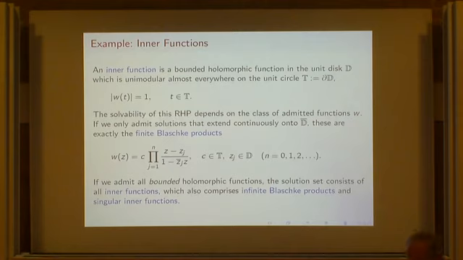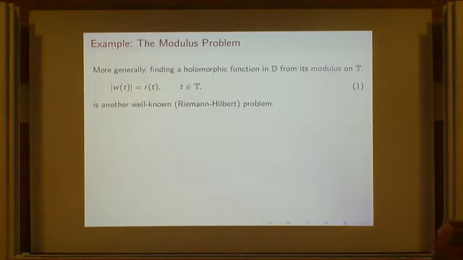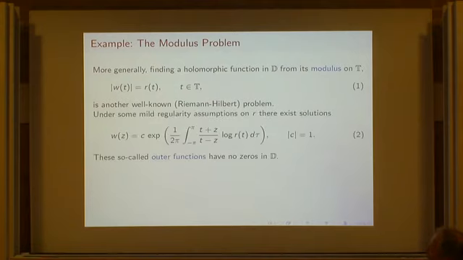If you don't know what a singular inner function is, do not worry about this. This is just a specific class of, say, wild solutions to this boundary value problem. Let's generalize this a bit. We can prescribe the modulus of the boundary values more or less arbitrarily.